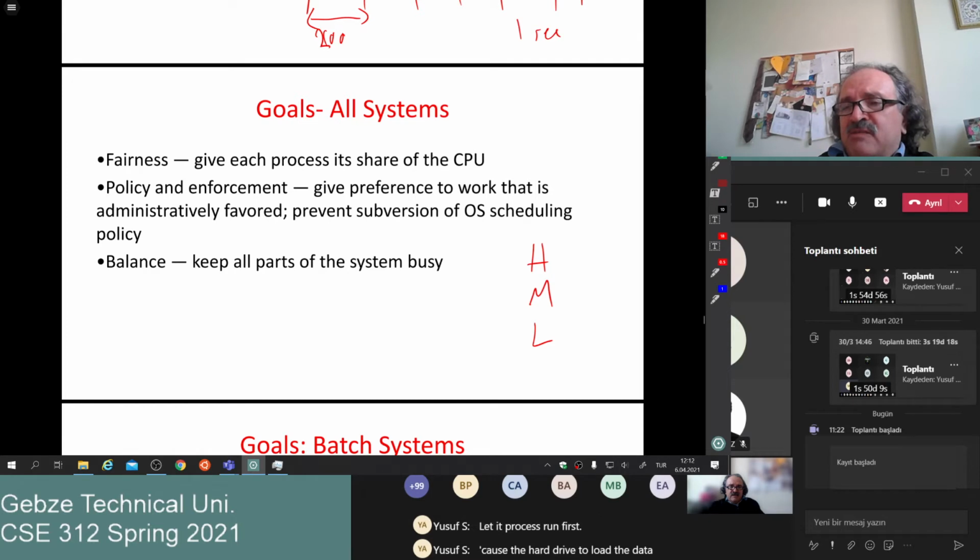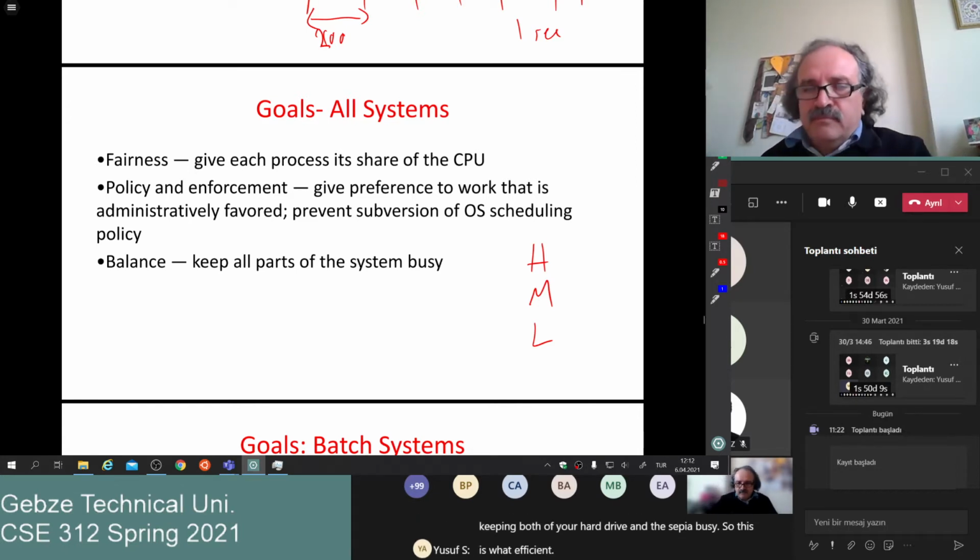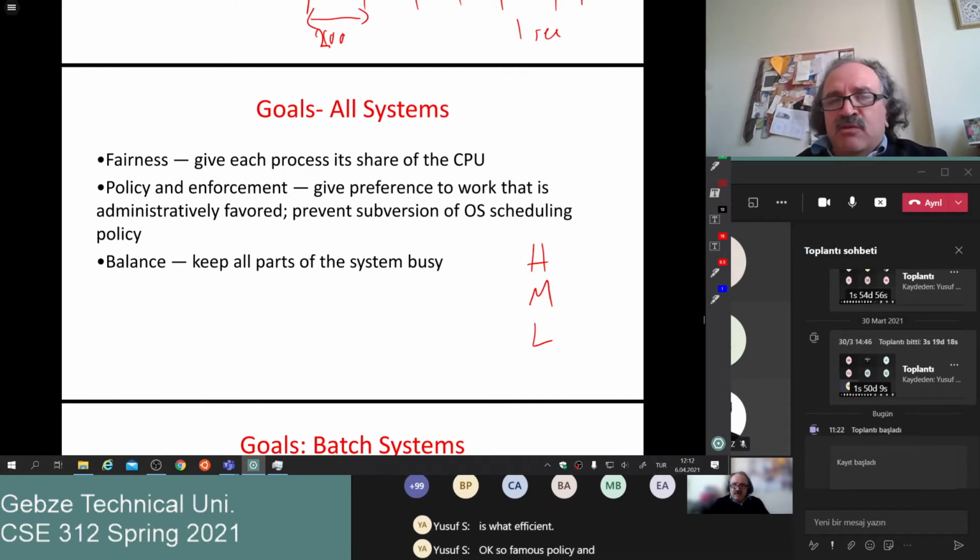While the hard drive is working on that task, let another process run. So you are keeping both your hard drive and the CPU busy. So this is more efficient. Okay, so fairness, policy enforcement, and balance are always the things that we are going to look at.